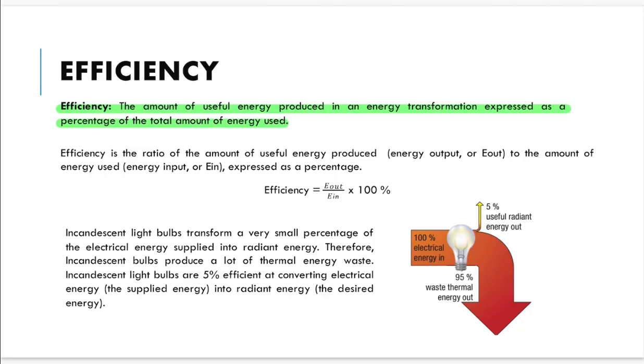So in the case of a light bulb, that could be heat. In the case of an engine, that could be heat and sound. So efficiency is the ratio of the amount of useful energy produced, so energy output, to the amount of energy used. And it's always expressed as a percentage.